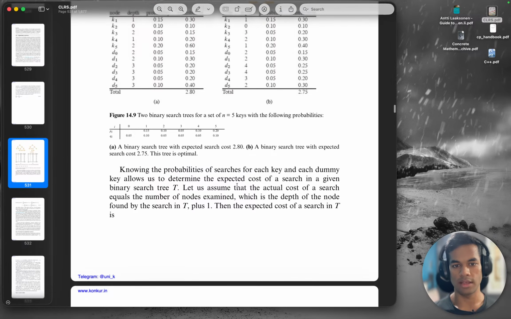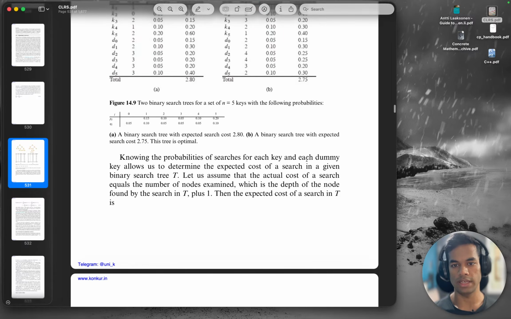Knowing the probabilities of searches for each key and each dummy key allows us to determine the expected cost of a search. Yes, expected cost.